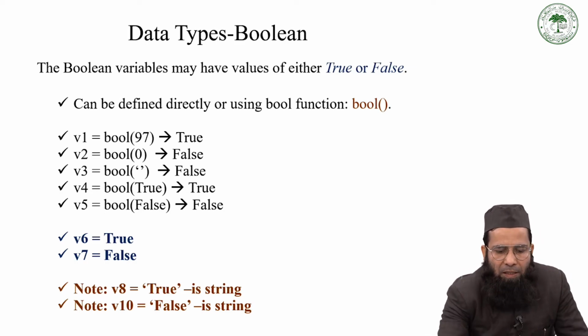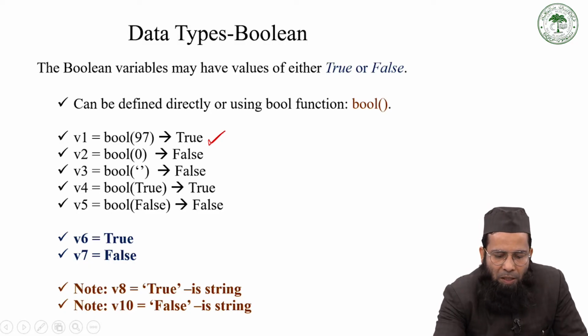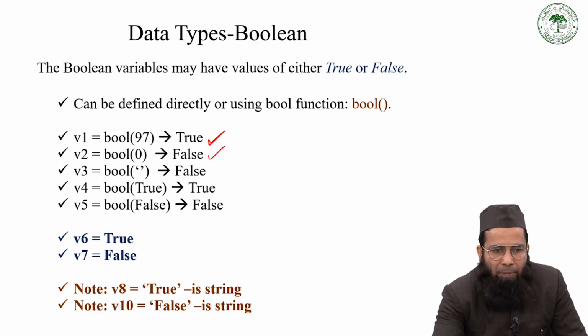In this case, you can see it is valid since all non-zero numbers are actually true. So bool 97 will be treated as true, bool 0 will be considered false, and bool of an empty string is also considered false.